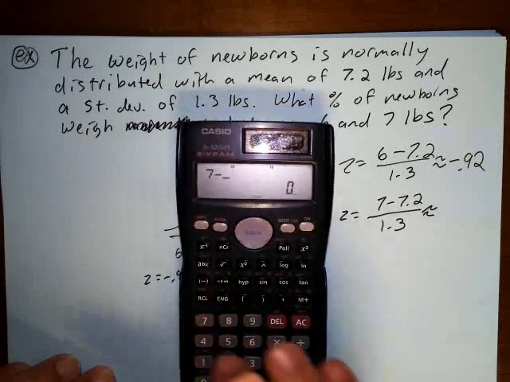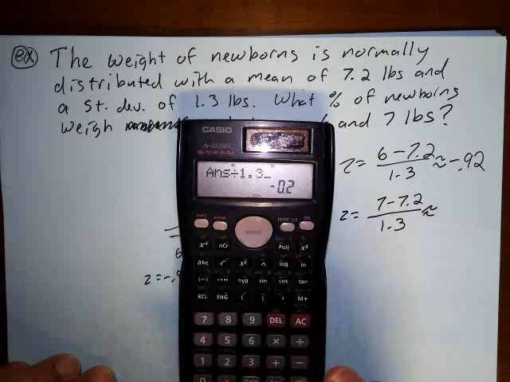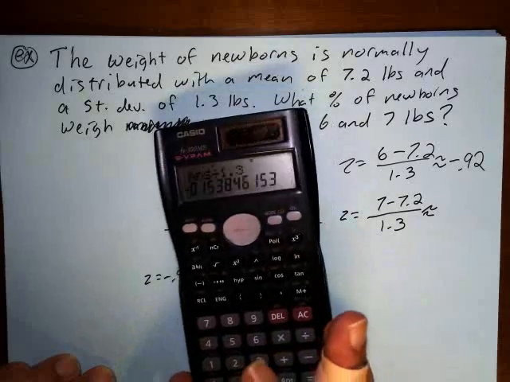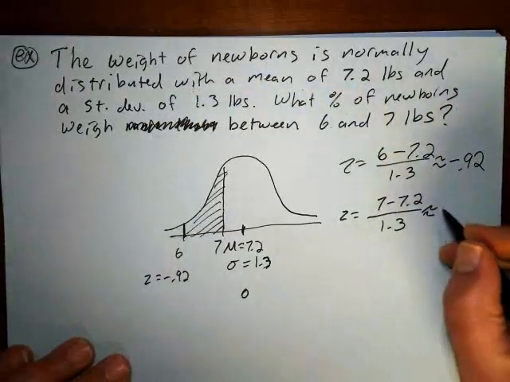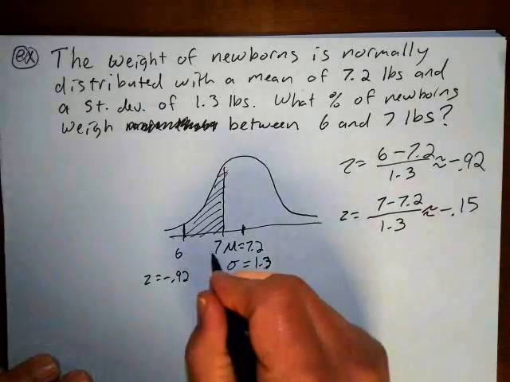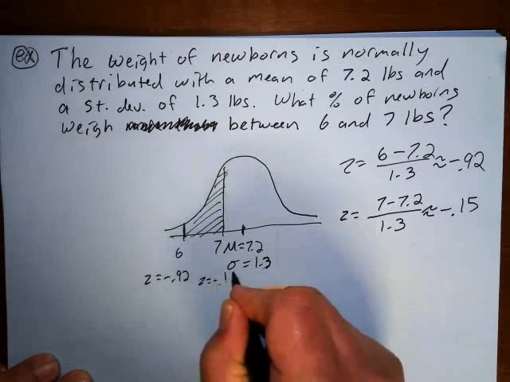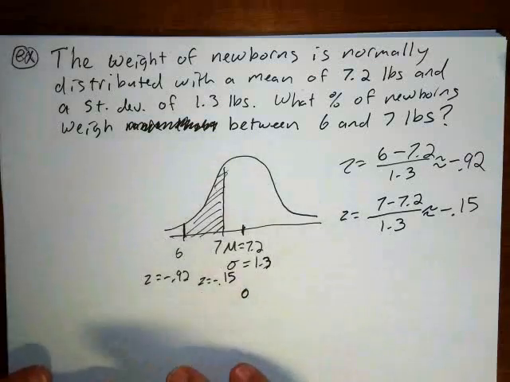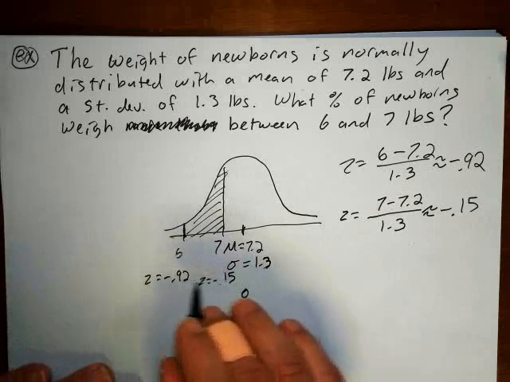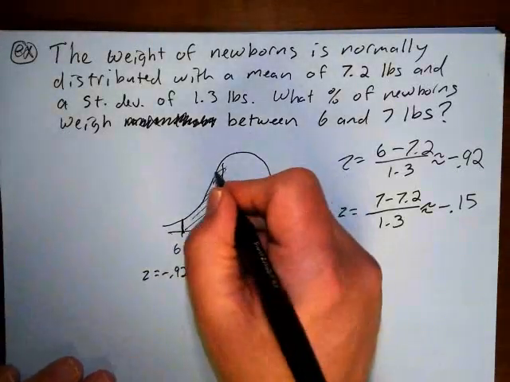Negative 0.15. And so that's this one here. Z is equal to negative 0.15. And so really what I want to do is find the area between these two z-scores.